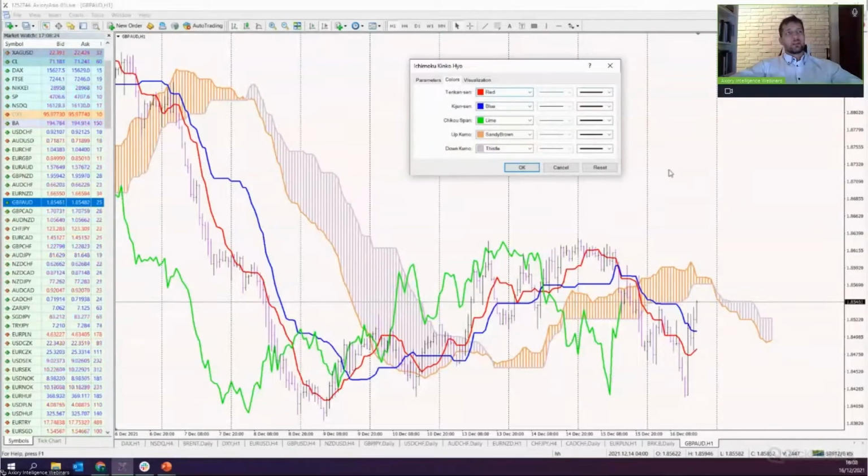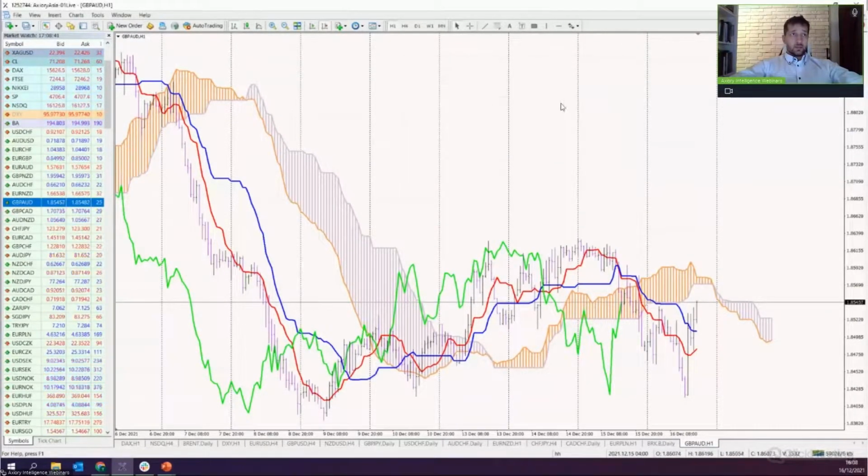Yes. I will tell you 2 main ways how traders trade the Ichimoku. First one, let's start with the cloud. The cloud is considered as a support and a resistance.